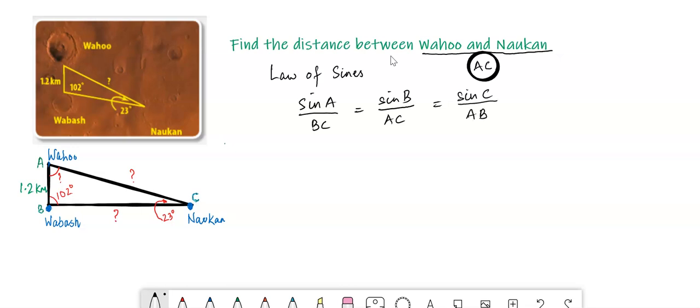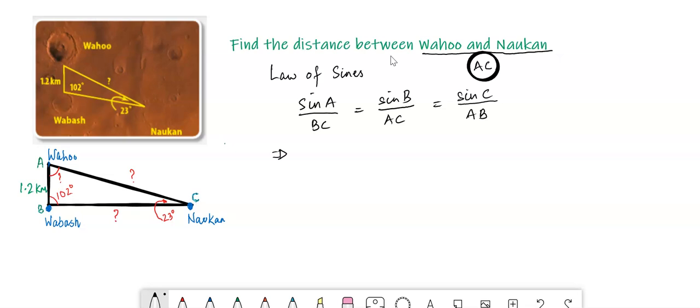Now, as you can see, we have been given a few things, and there are a few things which we have not been given. So let's try to replace those values here. Sine of A, angle A is not given to us.